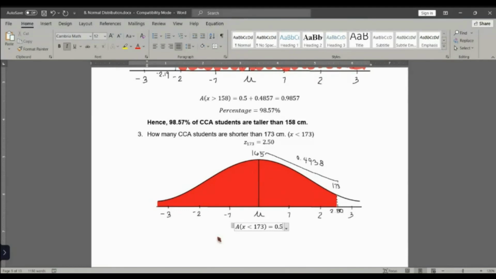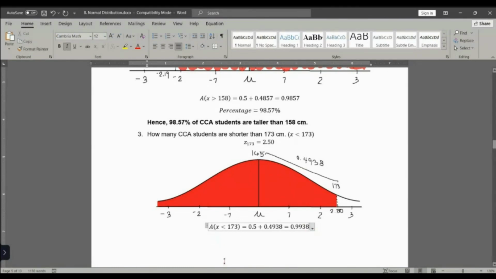What do you think? Add or subtract? Add. 0.4938. So that is 0.9938, right?